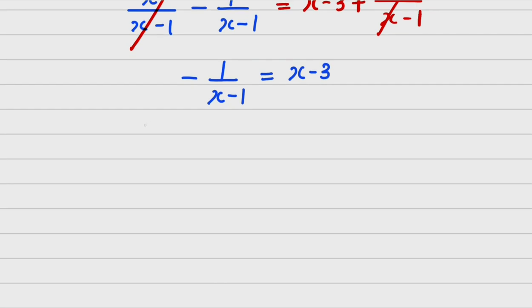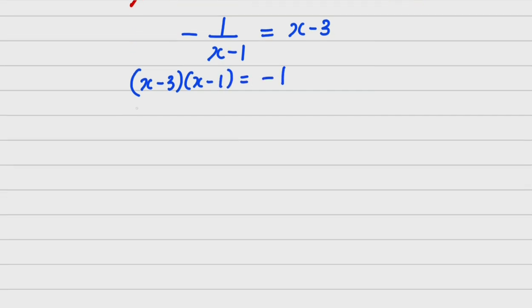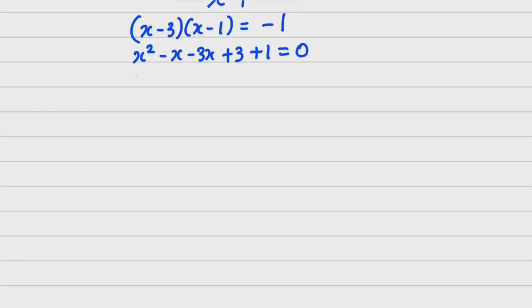Cross multiplying, I'm going to have x minus 3 into x minus 1 will be equals to minus 1. Expanding it, I have x squared, then we have minus x minus 3x, then plus 3. Then bringing 1 over is going to be plus 1 is equals to 0. Hence, this is going to be x squared minus 4x plus 4 is equals to 0.